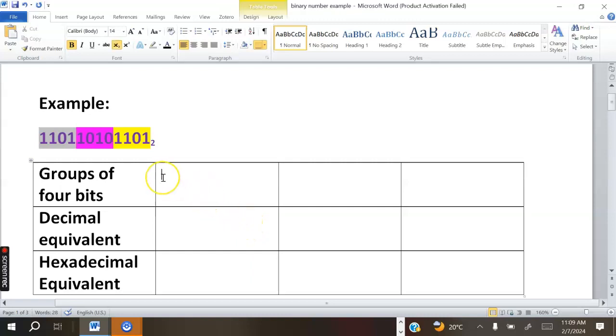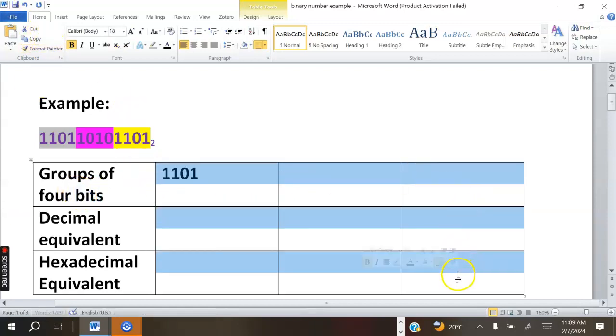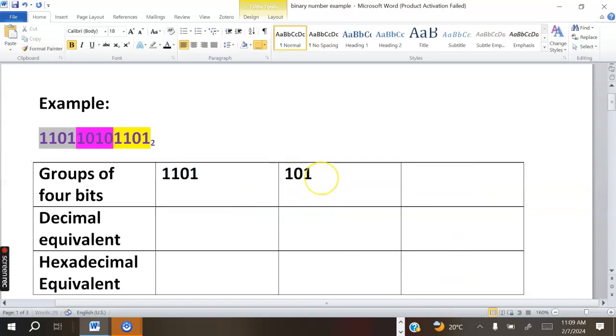So group number 1, we have 1101. Then 2, we have 1010. Then we have 1101.